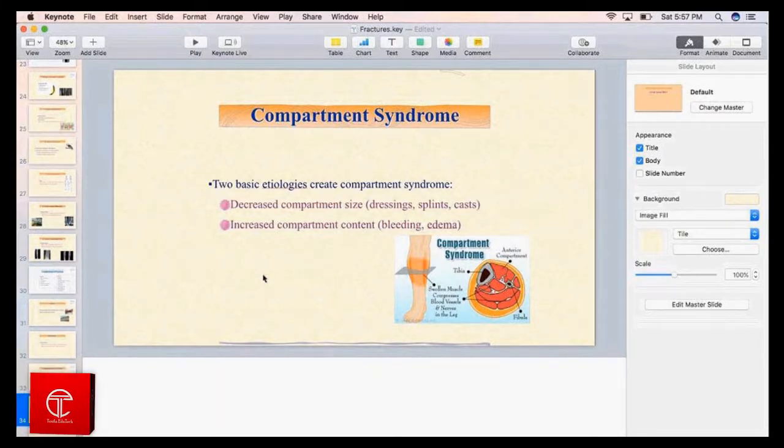So when you suspect compartment syndrome, always remove the splint, bivalve your cast, or remove the dressing and see whether it gets corrected. Another reason is increased compartment content: bleeding, edema, and hematoma can increase the volume inside the compartment. So from outside or from inside, it can produce compartment syndrome.